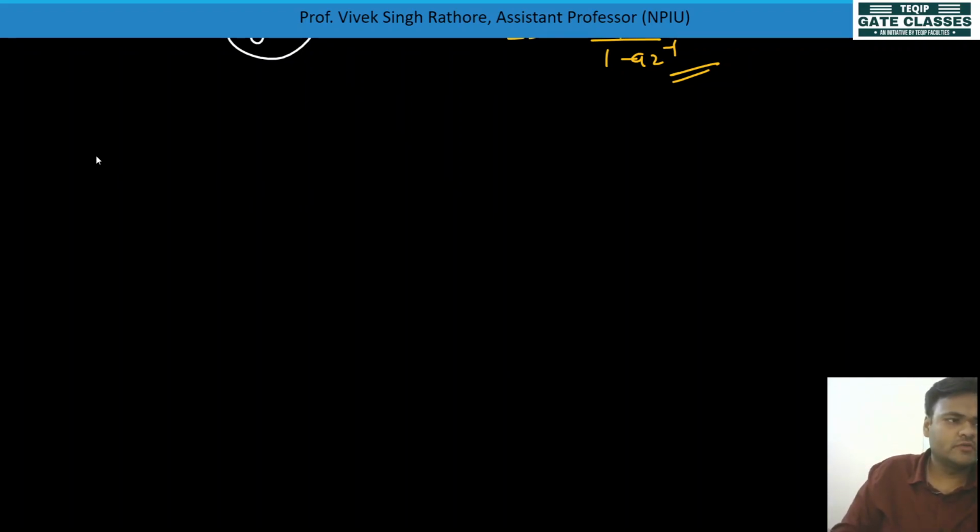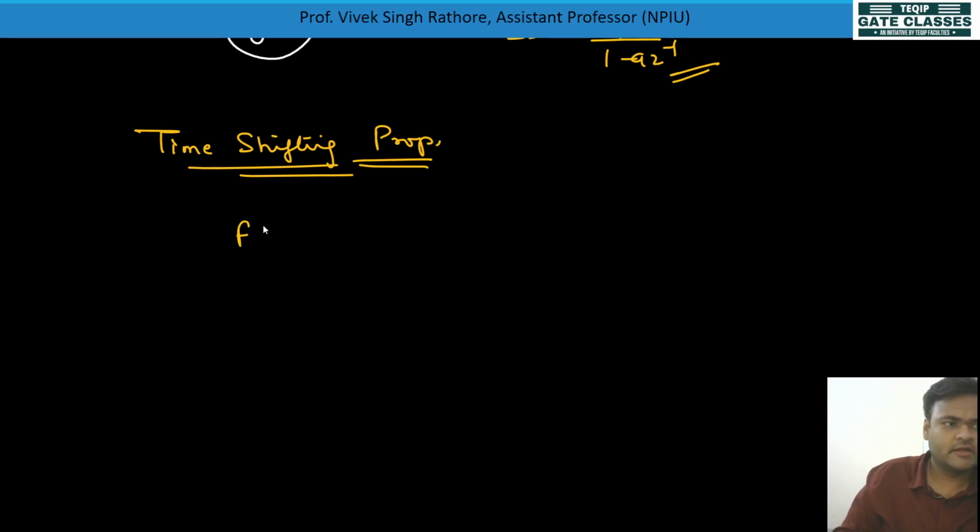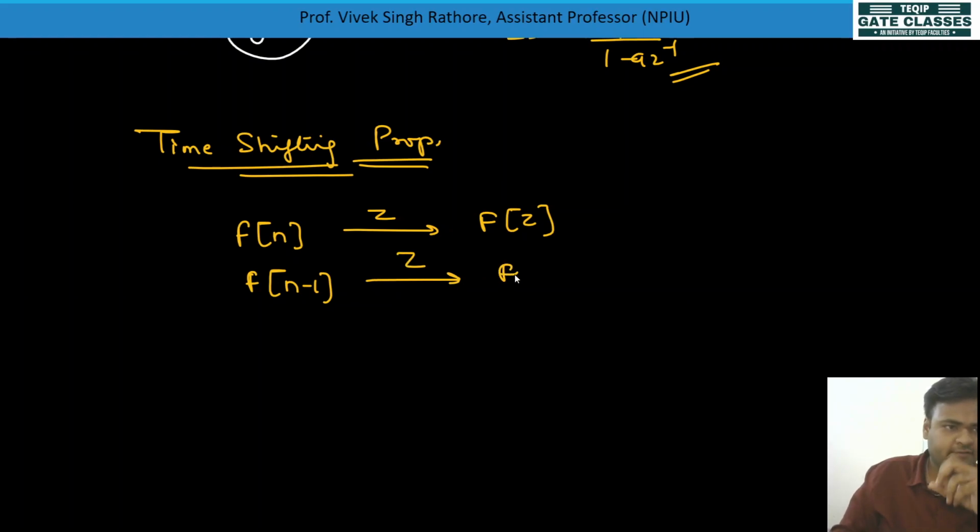Now, actually it is very useful in some questions, like in the time shifting property. Already we have seen that if the Z transform of f of n is F of z, then f of n minus 1 will have the Z transform F of z into z to the power minus 1.